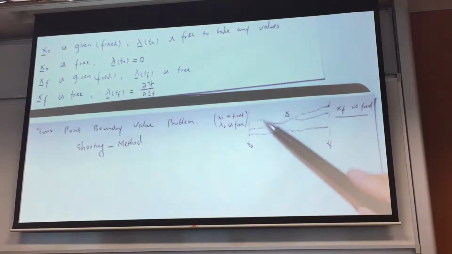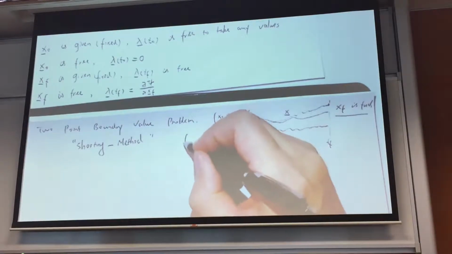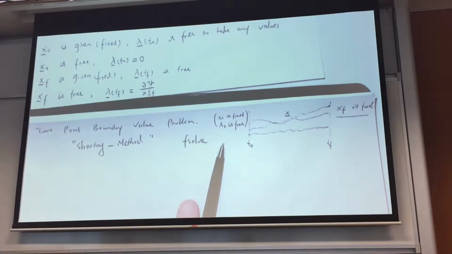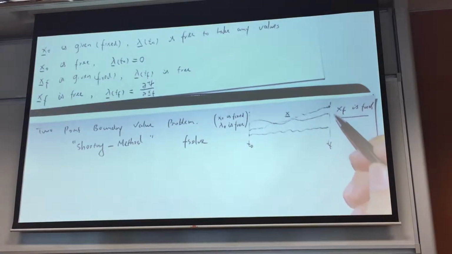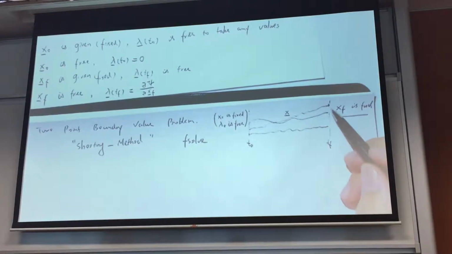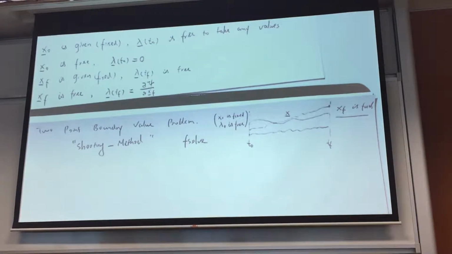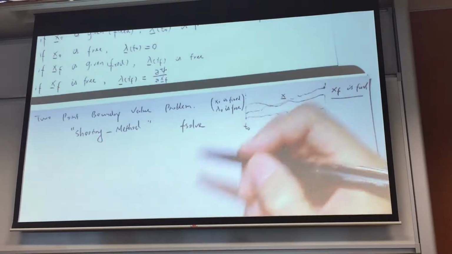The MATLAB program helps us to do this. In our shooting method, we use fsolve in MATLAB to try different starting points until the distance between your final state and the desired destination is 0. That means you hit your destination.